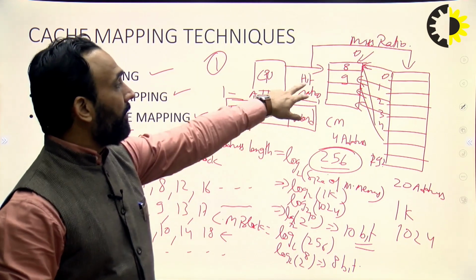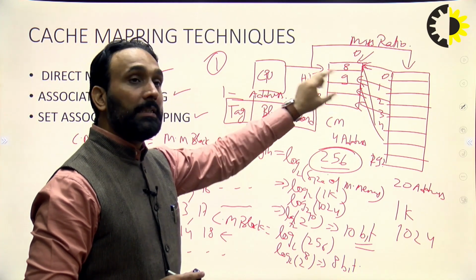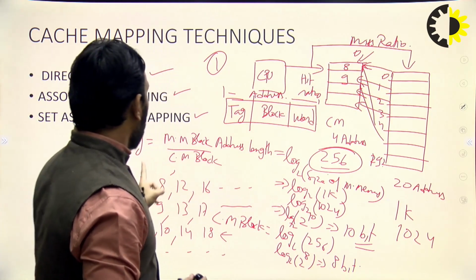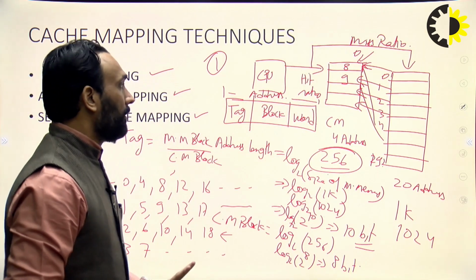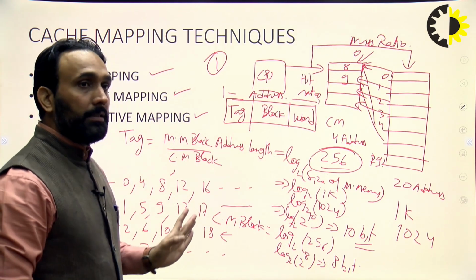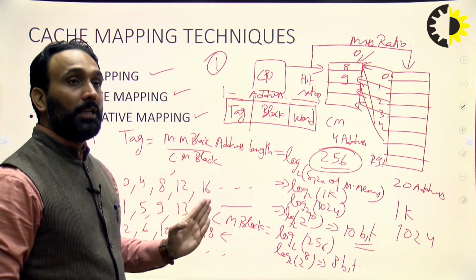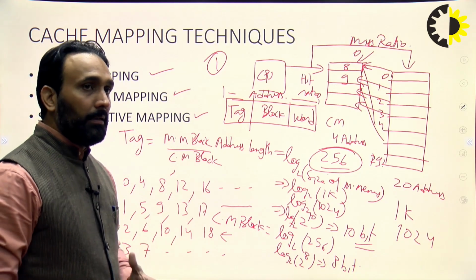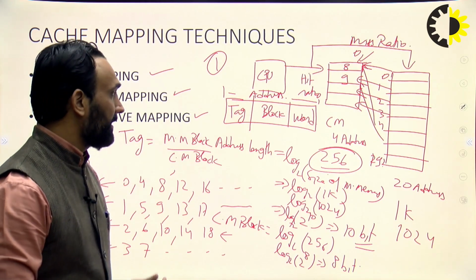Although we have two other locations that are vacant, they will not be occupied because the mapping is fixed; 12 will go only to location 0. But if we compare all three methods, direct mapping is fast compared to the other two because it is simple, and all locations are pre-mapped, which is a static method.